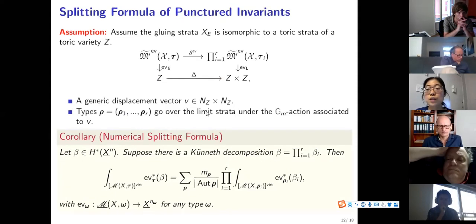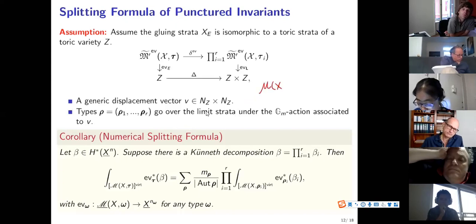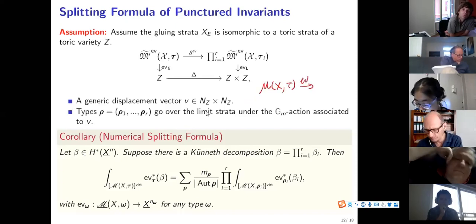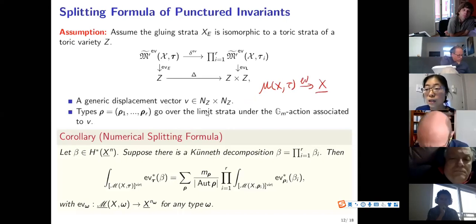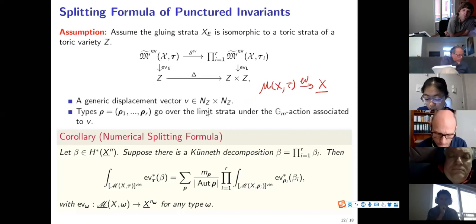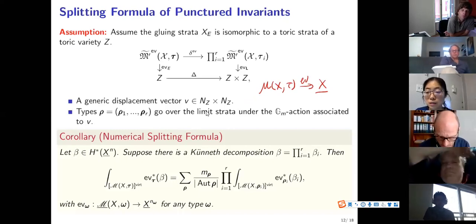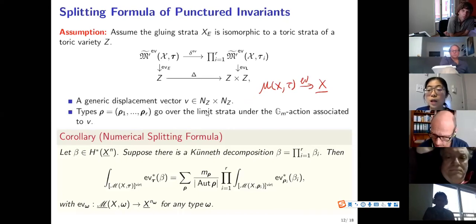Suppose we have a natural evaluation map from the moduli space of type tau to the target space. And suppose we have a cycle decomposition, Künneth decomposition of the cycles, then the Gromov-Witten invariants can be obtained from the splitting formula, that we can actually compute the Gromov-Witten invariants on each separate types, and we will obtain the invariants that we want.